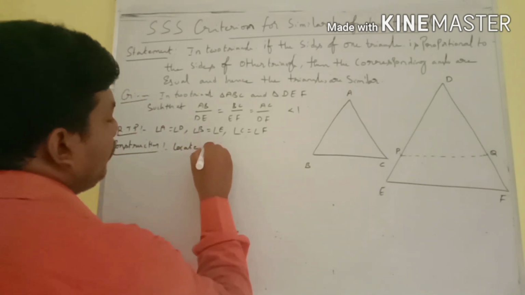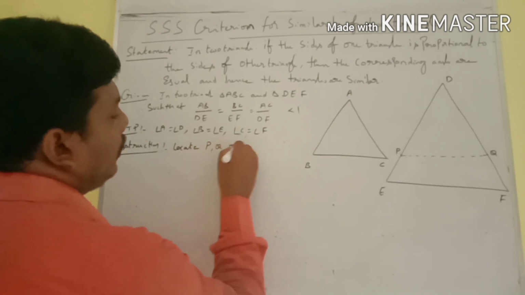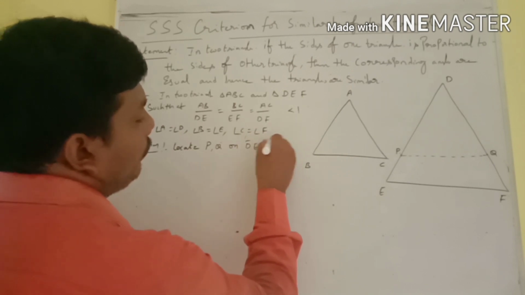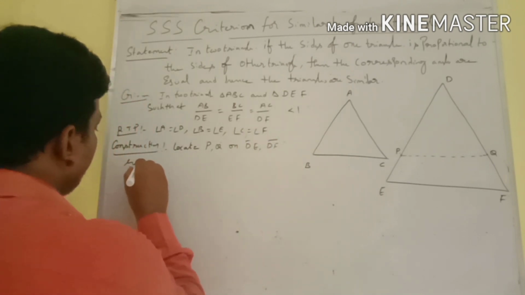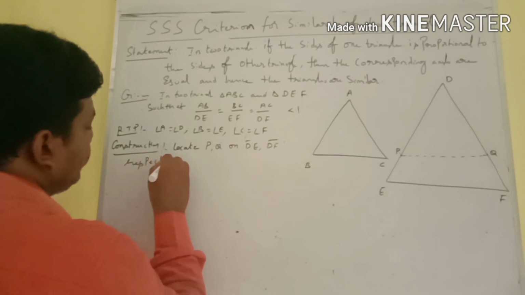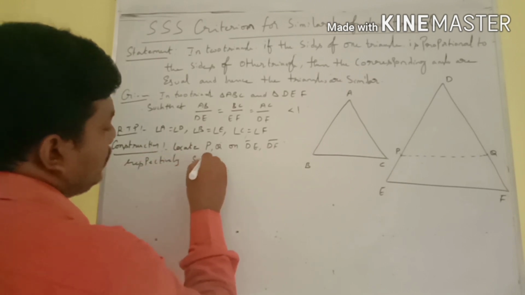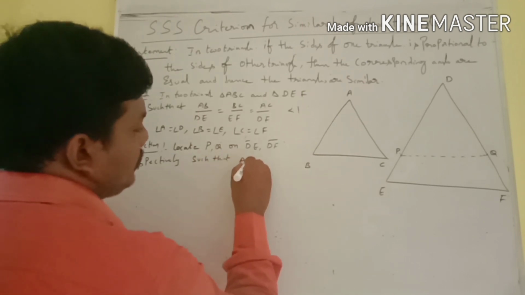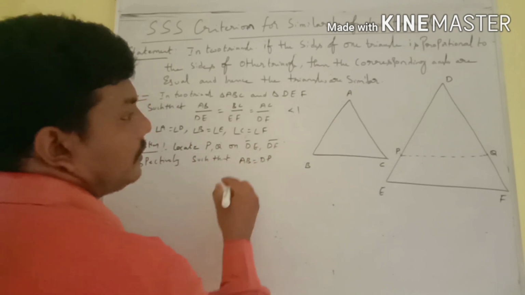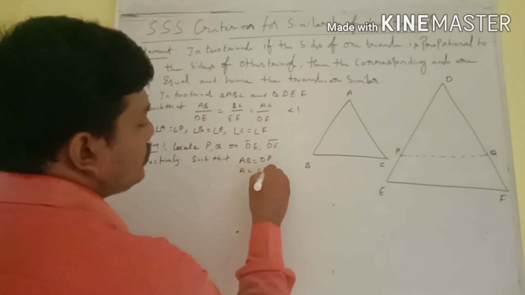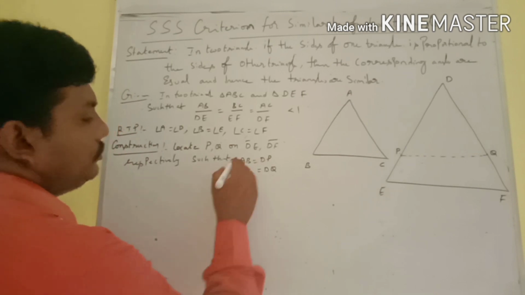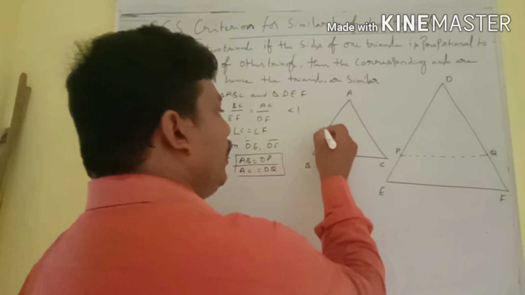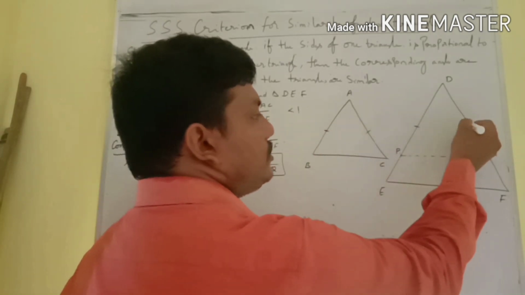Locate P, Q on DE, DF respectively such that AB is equal to DP. In the same way, AC is equal to DQ. So these two conditions you have to check: AB is equal to DP and AC is equal to DQ.